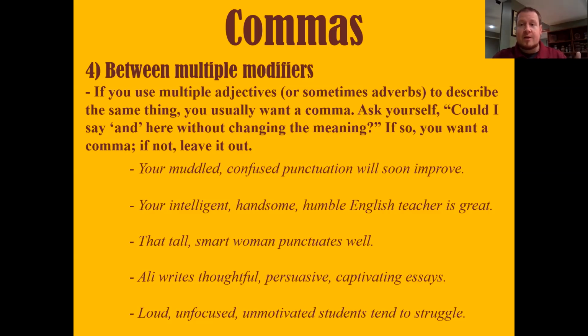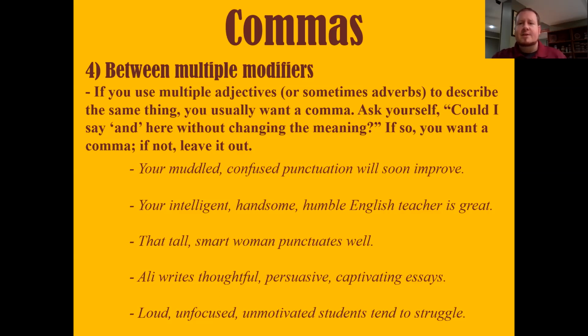Unless you're going to be an editor or an English professor, you don't really need to know how to identify the difference or name it. It doesn't matter. All you need to know is they're doing different jobs, and I can identify it by asking myself, could I say and between these modifiers, and would it change the meaning? And so in that case, we do your intelligent, comma, handsome, comma, humble English teacher is great, because if I put commas anywhere else, I've changed the meaning of the sentence.